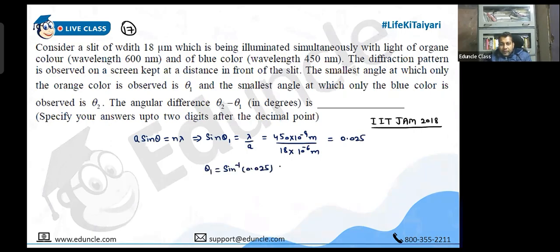This is how you can get theta 1. And similarly, you do it for sin theta 2; here it is for blue, it is for red, another one yellow, orange.